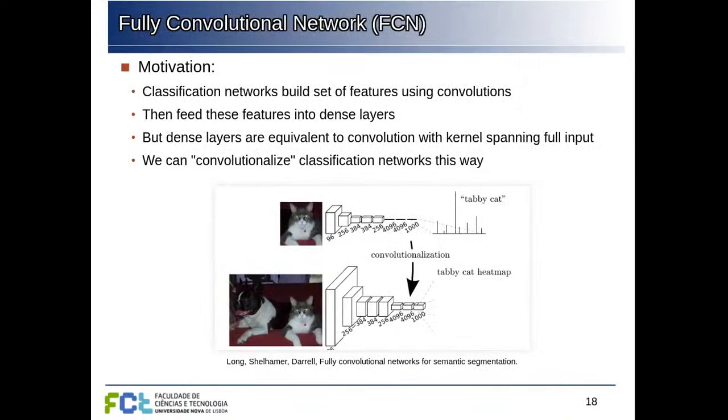So this first approach to this problem, this fully convolutional network, was motivated by looking at how classification was being done with convolutional networks, where we have a stack of convolutional layers.